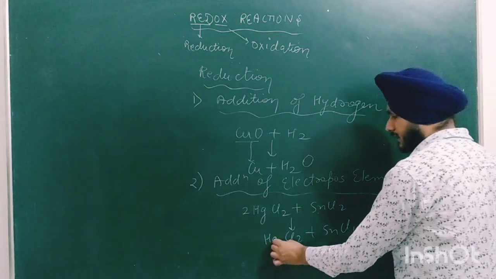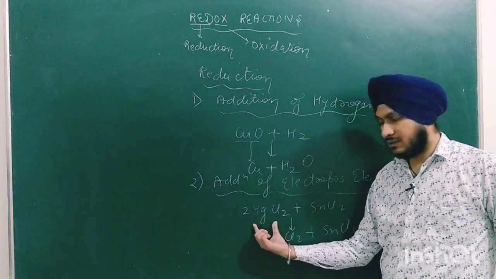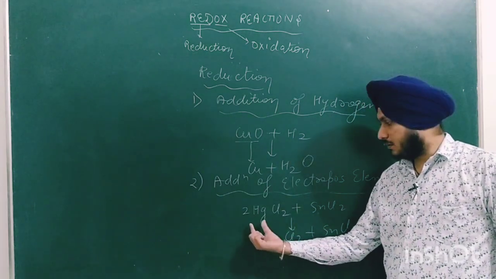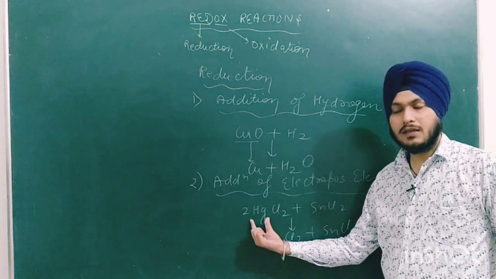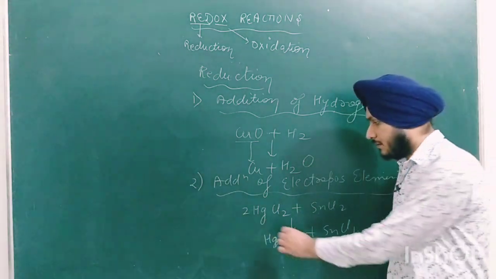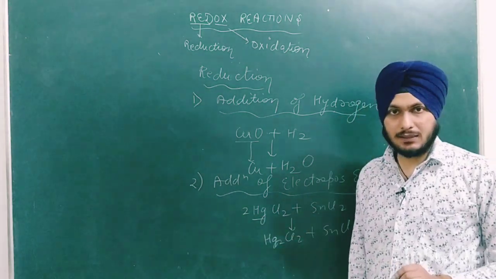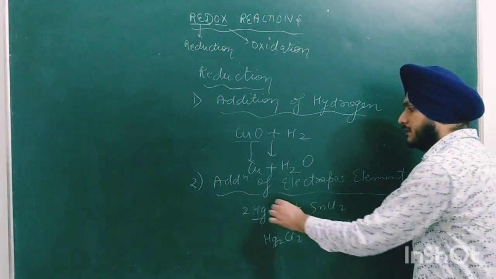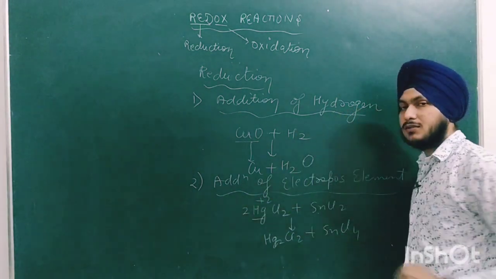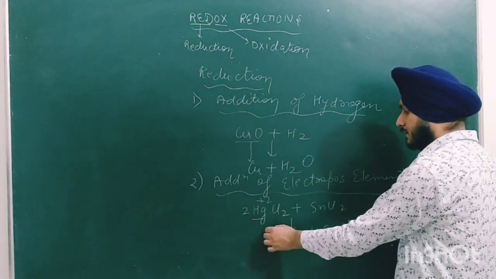In this reaction, mercury, Hg, is in its higher oxidation state of +2, and here we have the +1 state.